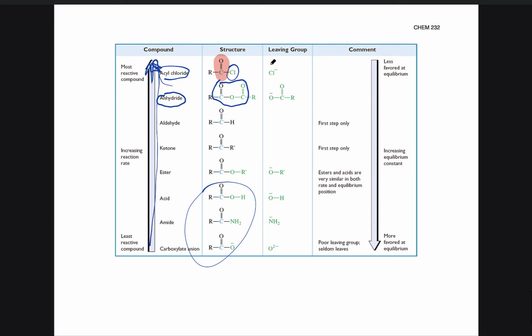And the leaving groups, chlorine leaving group, this conjugate base carboxylic acid leaving group has resonance, making this a good leaving group. And this has inductive effects, the chlorine, so that makes it a good leaving group. That's why these are at the top of the list.